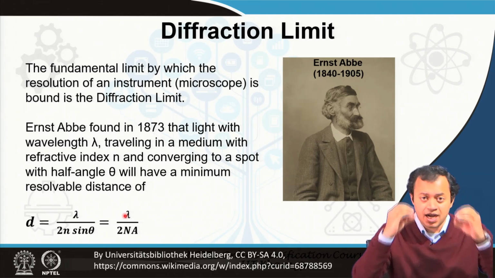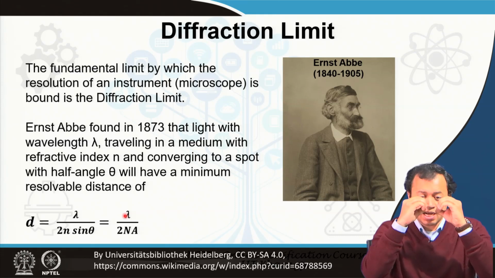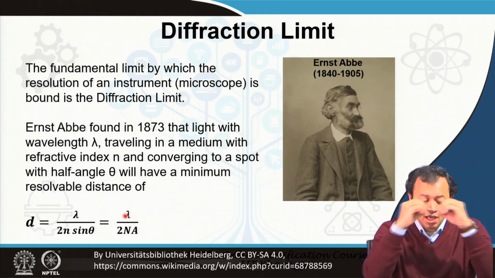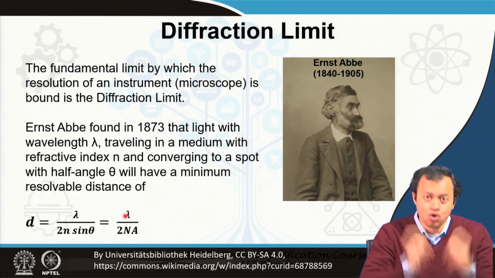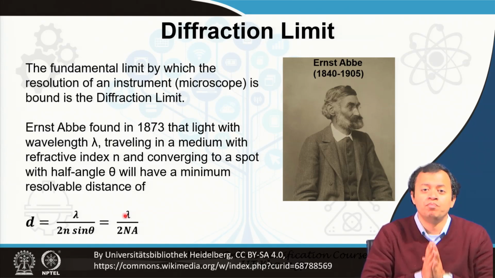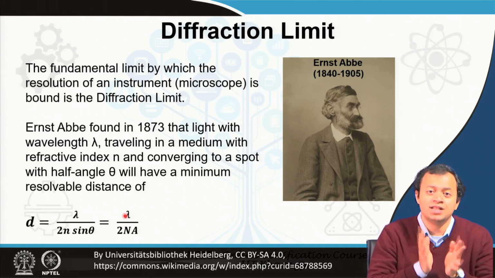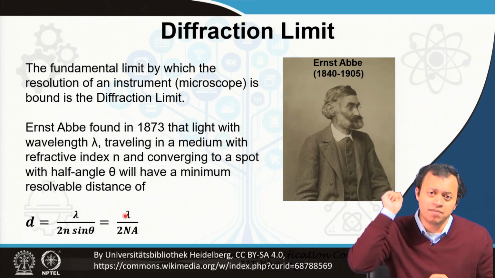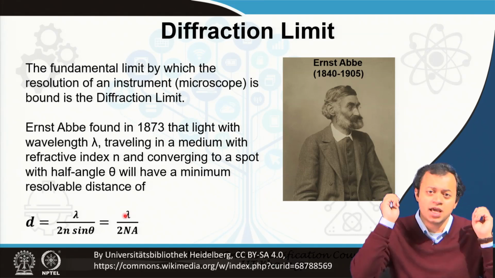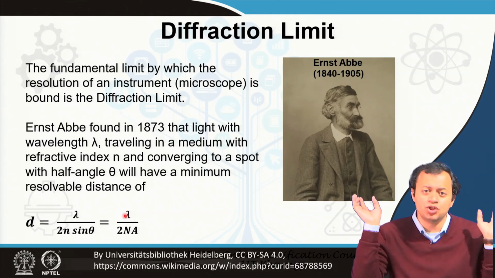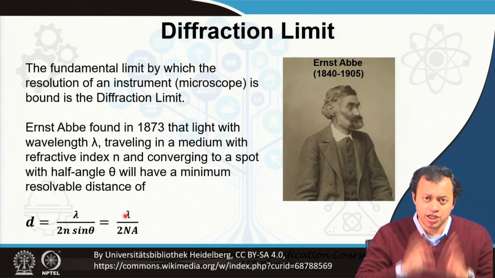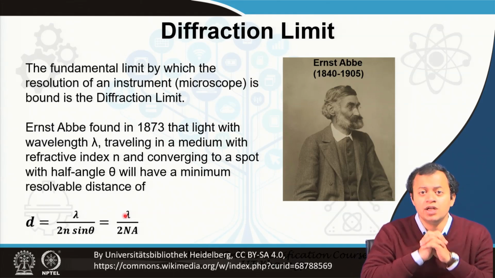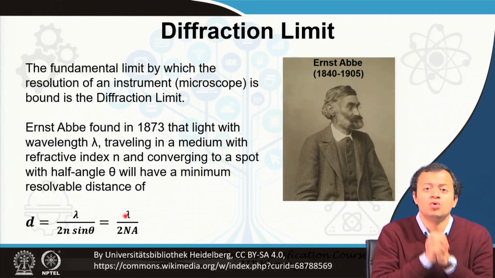Meaning, if two objects are less than 350 nanometer apart from one another, your microscope, no matter how beautifully it is made, no matter if the lens is perfect, no matter if it is converging every single ray falling into it, irrespective of phase, amplitude, energy, or strength, it will still not be able to resolve them.